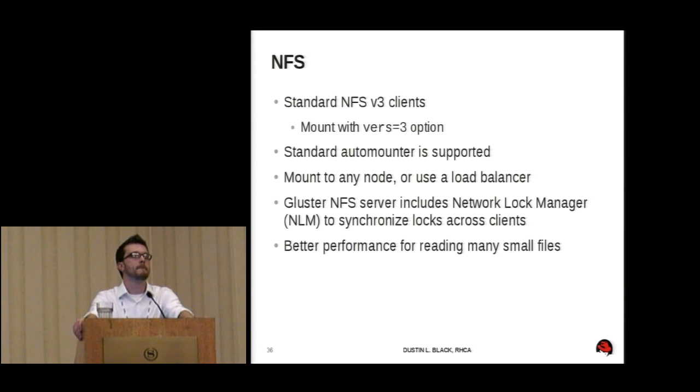Go ahead. For native Gluster client access, do we have or are we getting any locality information for replicated volumes on reads? As far as I know, right now, when we're reading off the replicated volume, it's essentially arbitrary whether we're getting data that we have on the local brick.